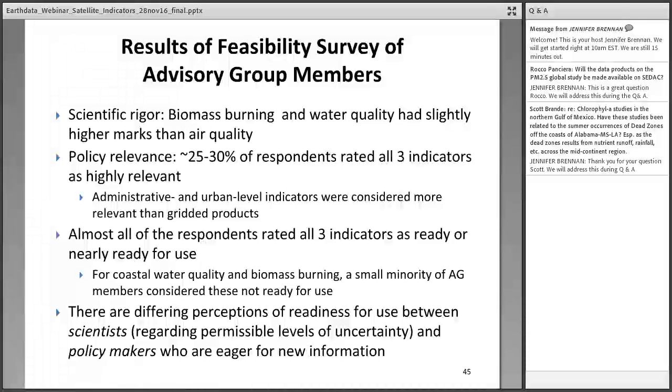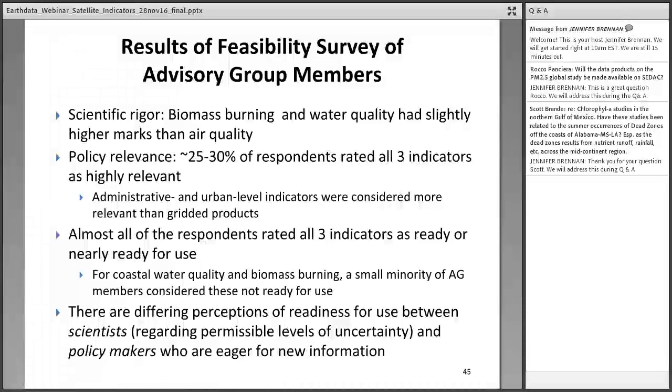There were differing perceptions on readiness for use between scientists and policymakers. One of the things we discovered in this process is that scientists tended to think of indicators as being metrics of cause and effect, and they wanted to talk about it in terms of robustness and uncertainty.